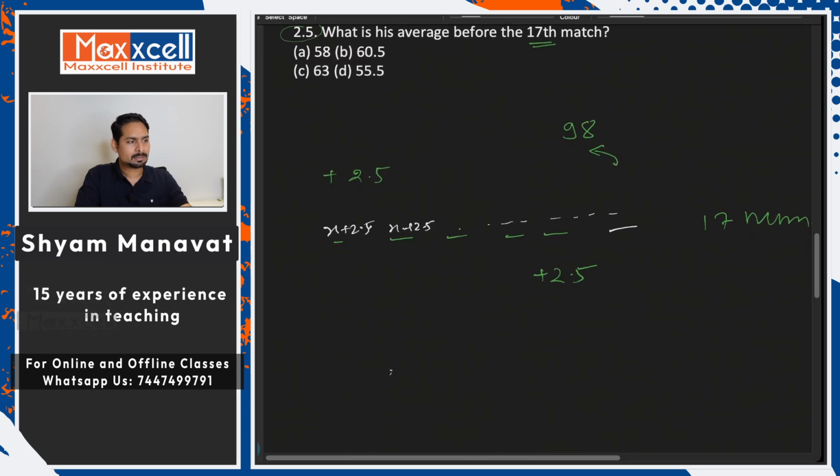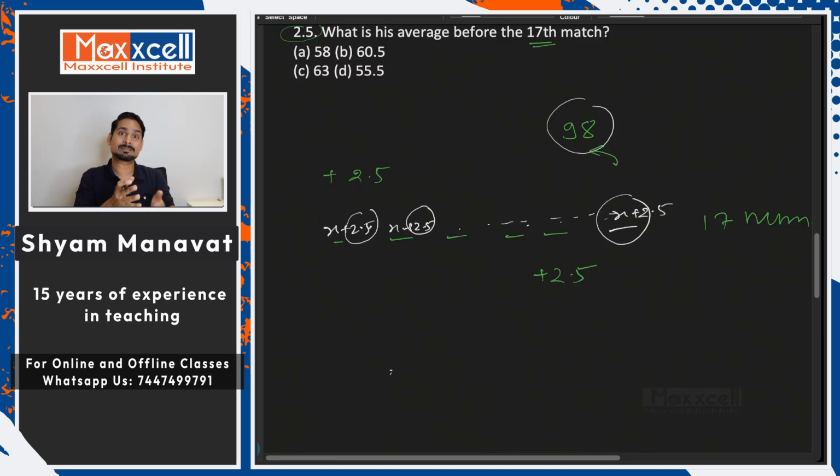If you look at this x now, what is this x supposed to be? See what I'm trying to say. This extra 2.5 you got in all of them because of this 98 entry, right? And when this 98 is part of the group, it is also supposed to be x plus 2.5, the previous average plus 2.5, because it is part of the group now.